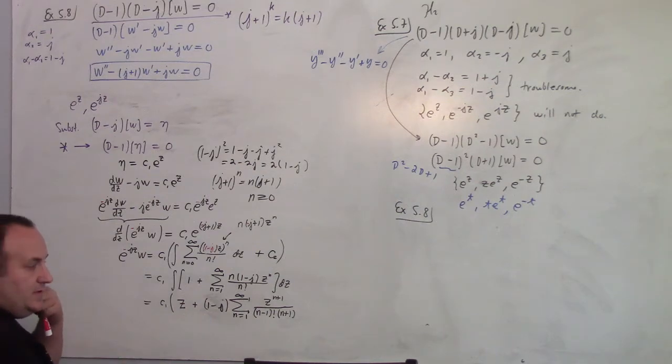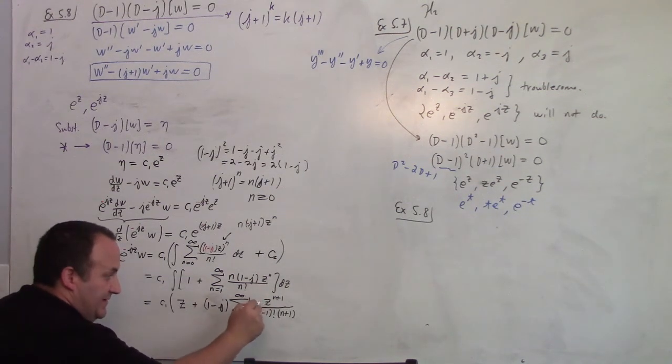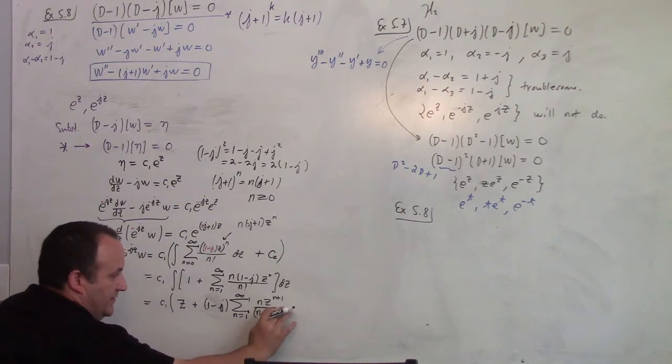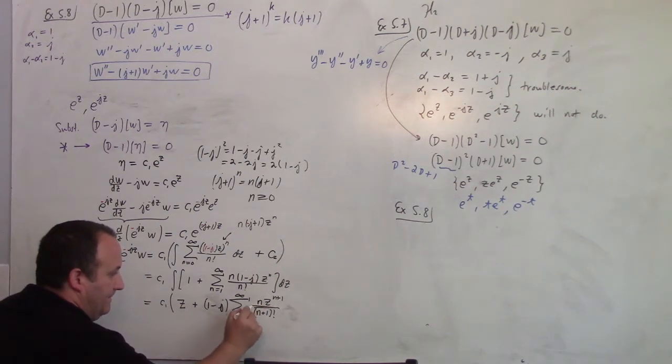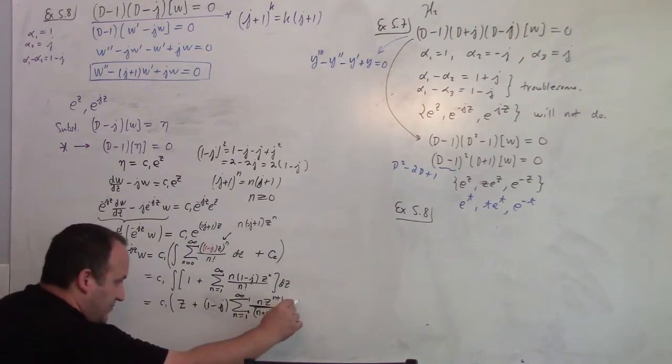You could rewrite this as n over n plus 1 factorial if you want. I'll go ahead and do that this time. And then, since I've actually done the integration, plus c2.